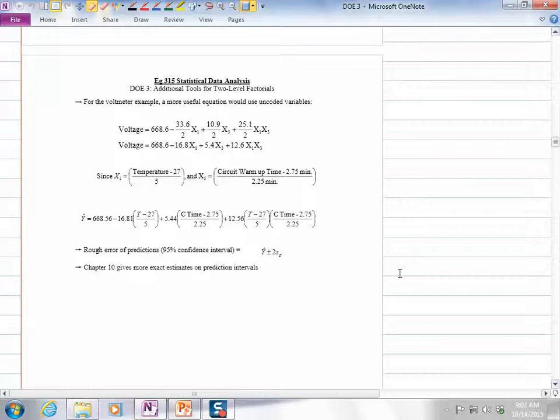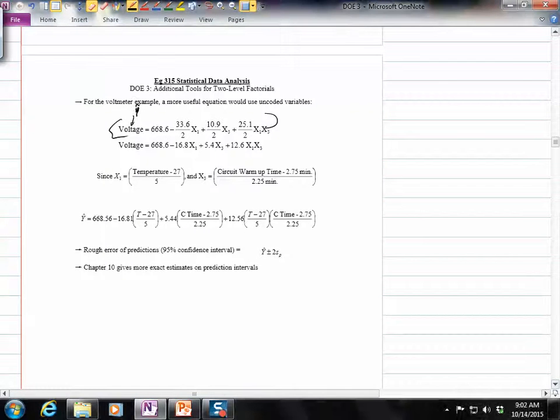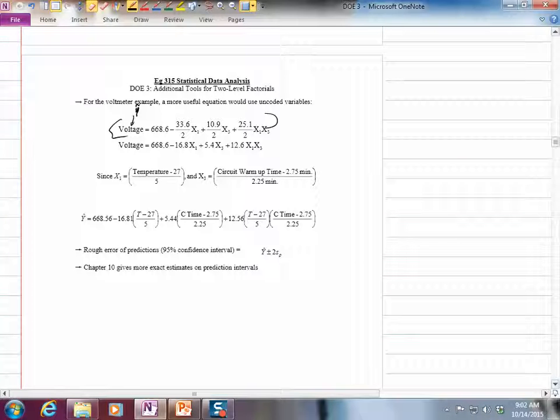So when we think about building our model, as I mentioned before, voltage was the response to that one group problem. So that was the y or y hat in a model. And I mentioned this x1, x2, and x3, those are the coded values, right? We put in -1 or +1 for the x. We can put in all sorts of different numbers between -1 and +1.